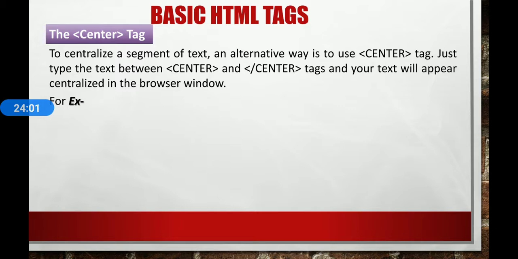For example, center, this is centralized, will mark the text, this is centralized, to appear centralized on the browser window. HTML authors more commonly use center to center a table or image in the display window. Whatever is written between the center tags will be displayed in the center of the browser.